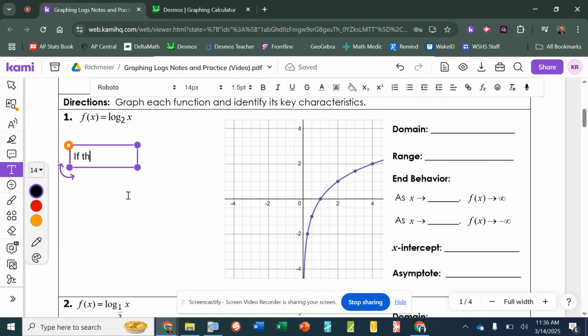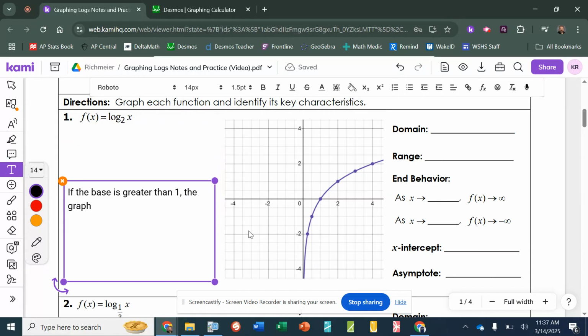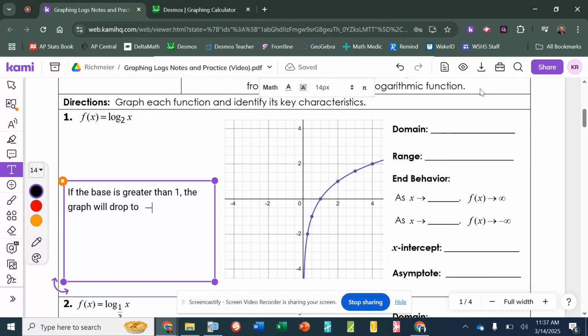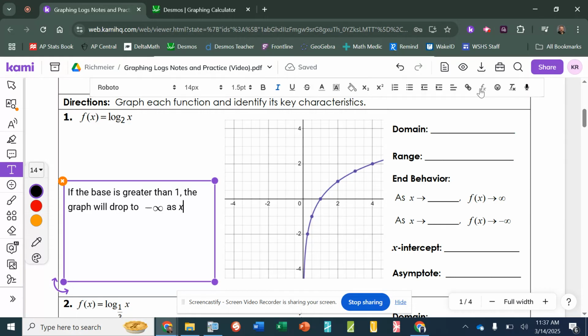If the base is greater than 1, the graph will drop to negative infinity as x approaches 0. That's one fact of it.